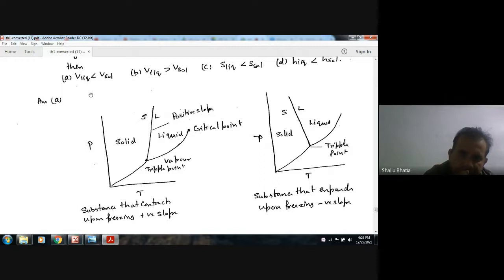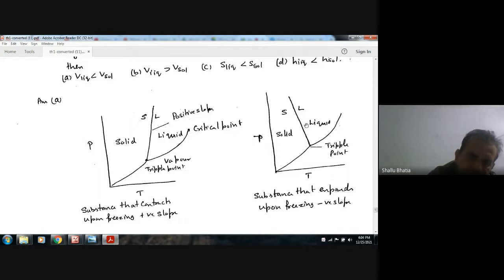So the specific volume of liquid will be less than the specific volume of solid. Try to remember this negative sign.